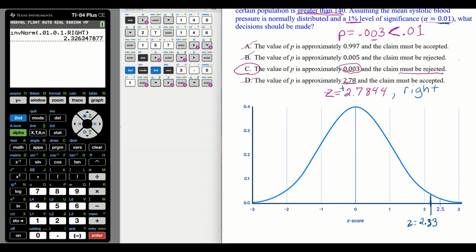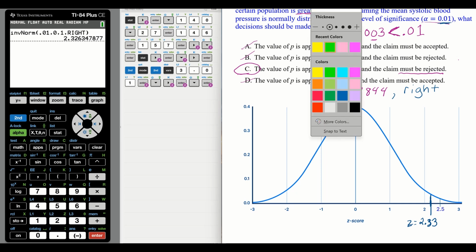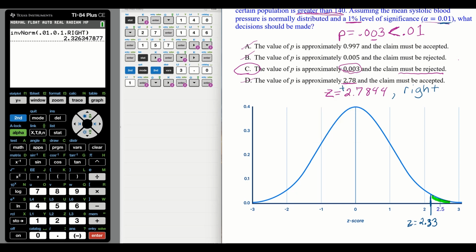Now let's highlight it in. I'm going to pick this, and a very tiny little drawing. That means this little bit right here is our rejection zone. Reject. That's our zone of rejection.